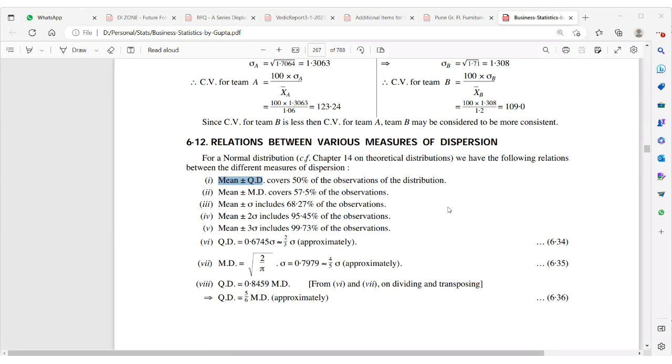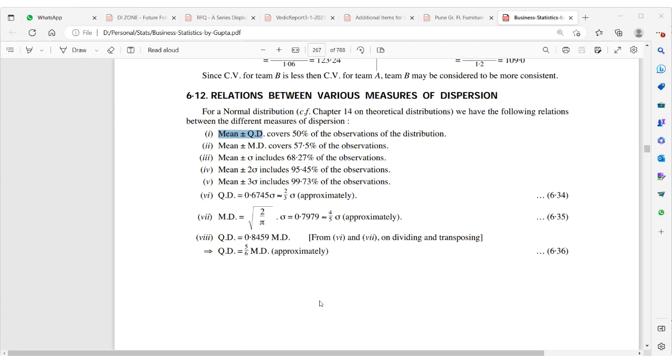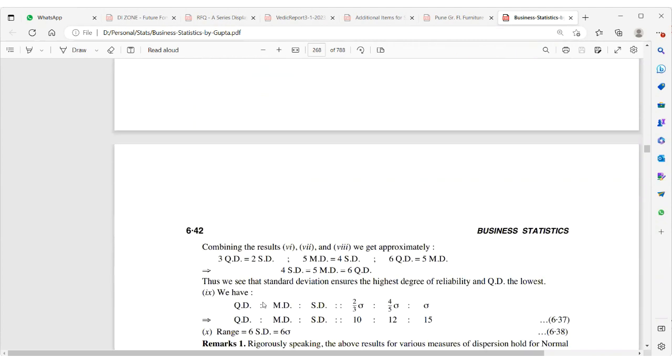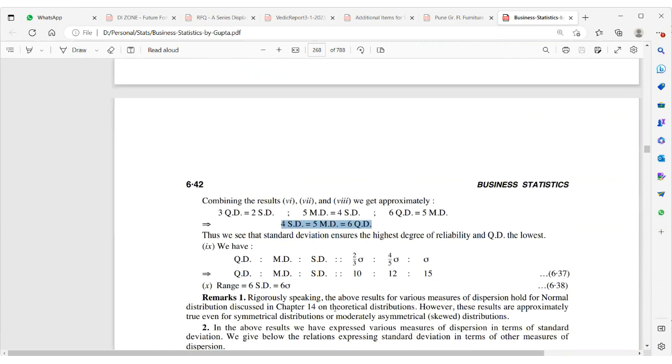Mean plus minus MD covers this area, and so on. See the calculation of it. No need to do the calculation for this. Just read this result or the percentage. That's it. QD is equal to 2 by 3 of SD, and QD is equal to 5 by 6 of MD. This is the relation among the deviations.